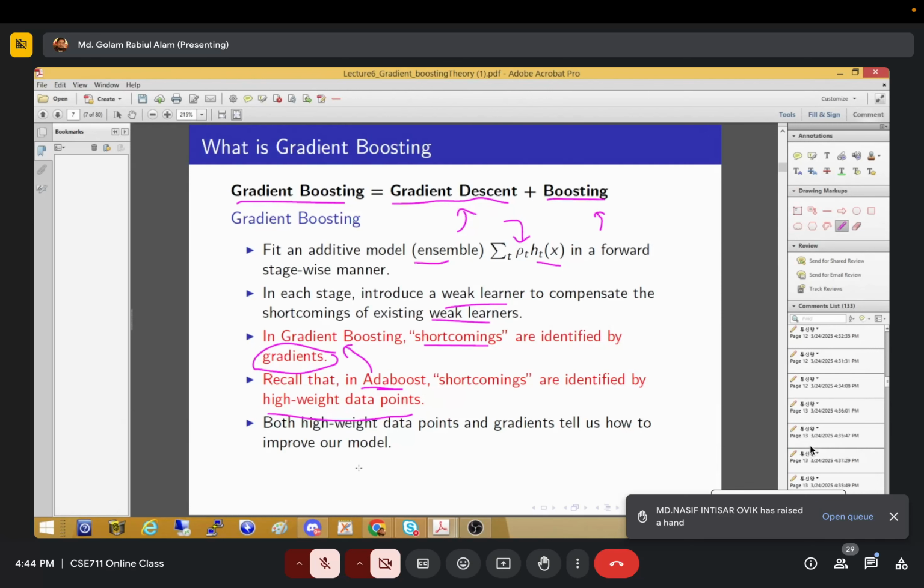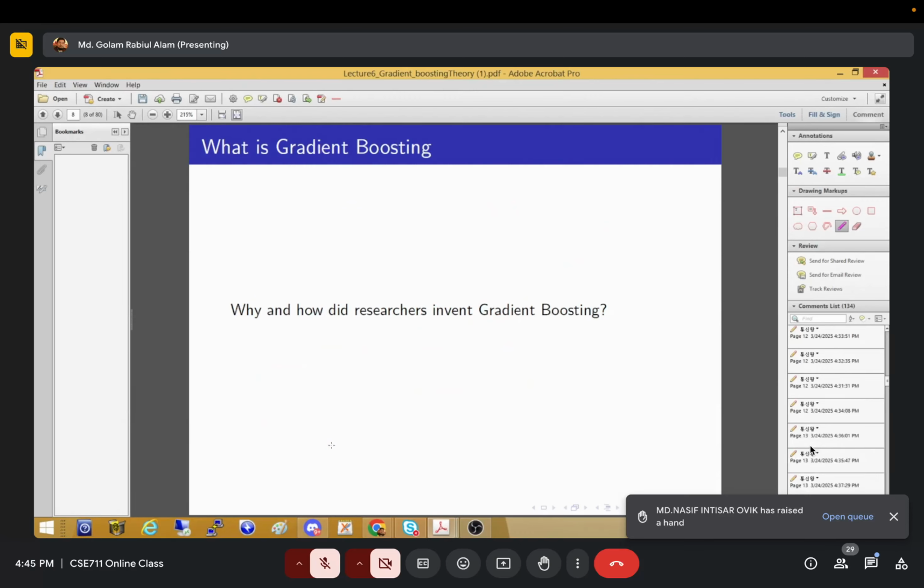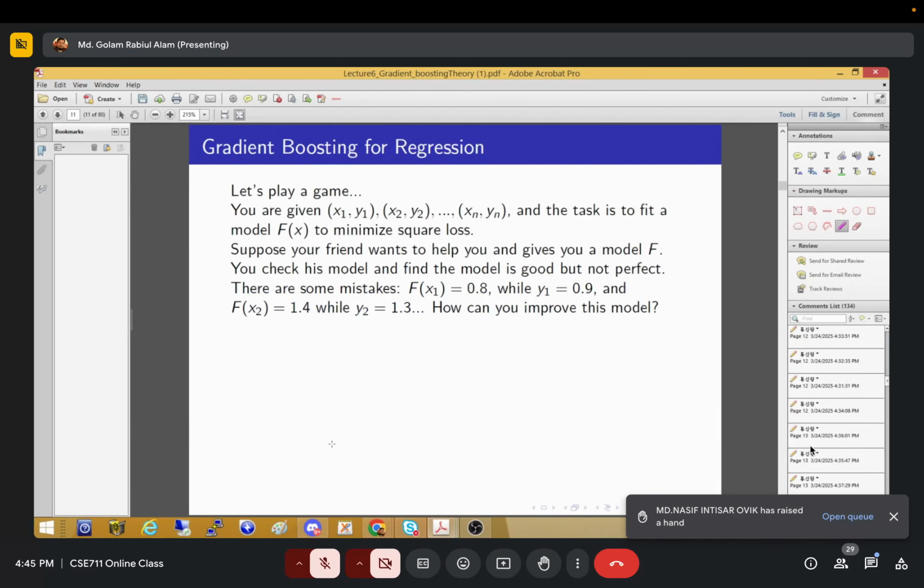So both high weight data points and gradients tell us how to improve our model. That means based on the gradients, it will pay attention to the misclassified instances, like we pay more attention to the high weight data points.